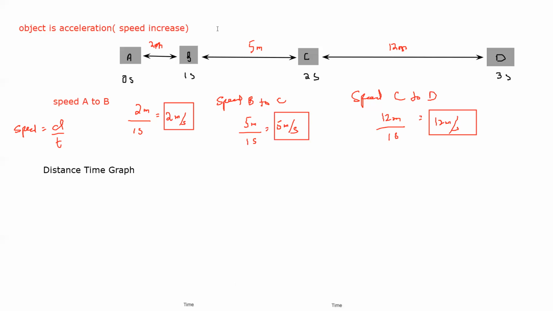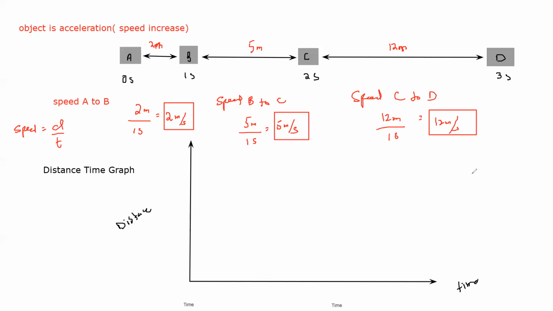So when we plot a distance time graph for an object which is accelerating, on the y-axis we have distance, and on the x-axis we have time.